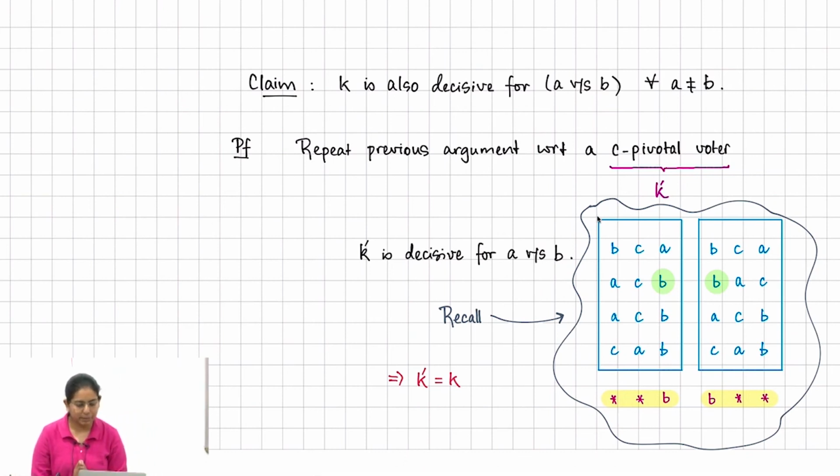So maybe I'm rushing a little bit, but it's quite straightforward to see that the B pivotal and the C pivotal voters must be the same. But by arguing with respect to the C pivotal voter, which is in fact the same as the B pivotal one, you see that by repeating the arguments we had prior, the C pivotal voter in fact controls the fate of A and B as well. So this is just a small technicality to make sure that all our cases are covered.